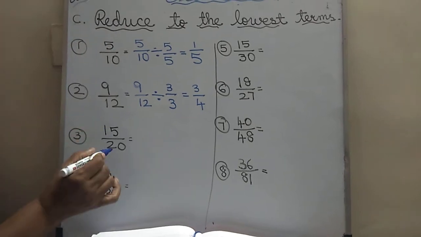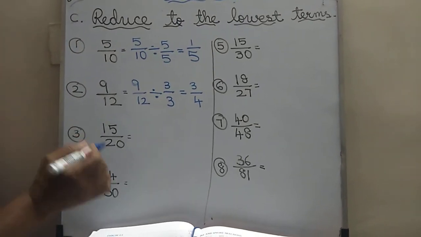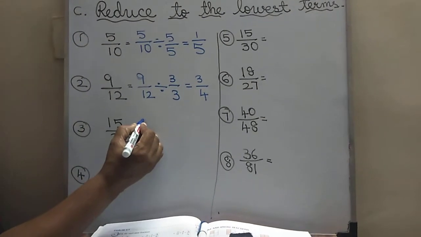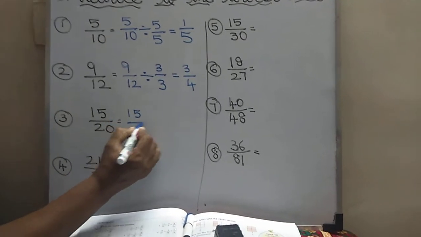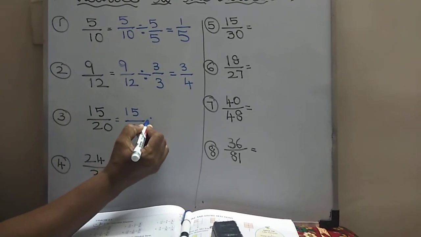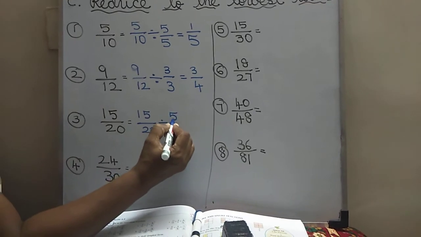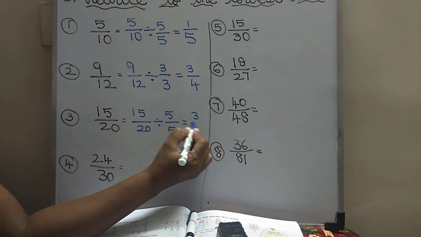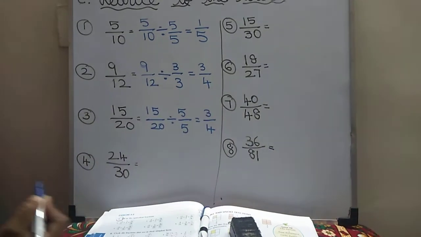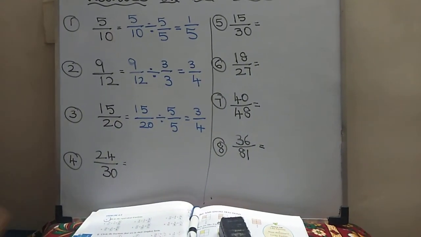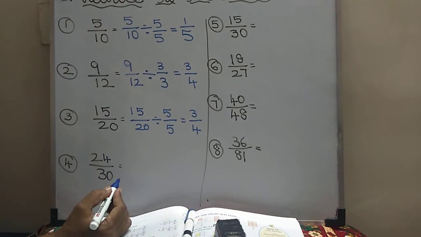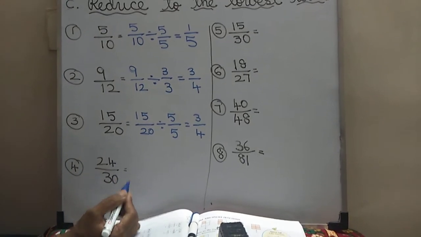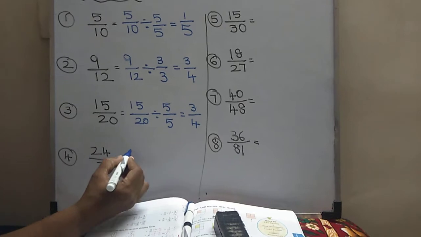So here 15 and 20. These 15 and 20 go in what table, children? 15 by 20. It goes in what table? 5 table, isn't it? So what will come? 5 3s are 15 and 5 4s are 20. Okay children? And then 24 by 30. These both go in what table? It goes in the 6 table.